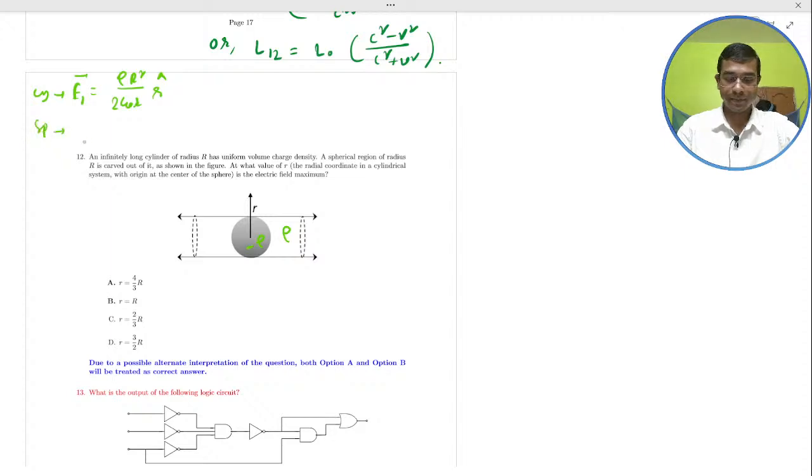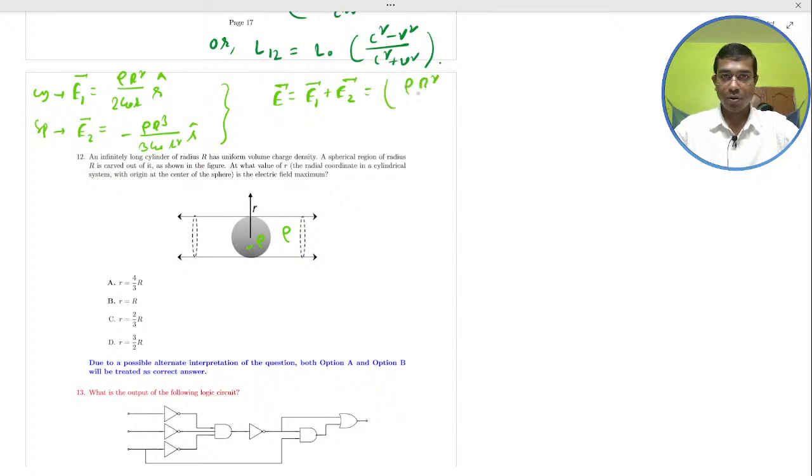For the sphere, E2 is minus rho r cube divided by 3 epsilon naught r square, r cap. Adding them, E1 plus E2 is rho r square divided by twice epsilon naught r minus rho r cube divided by thrice epsilon naught r square, r cap.